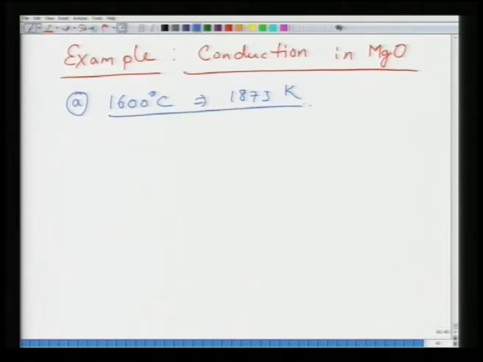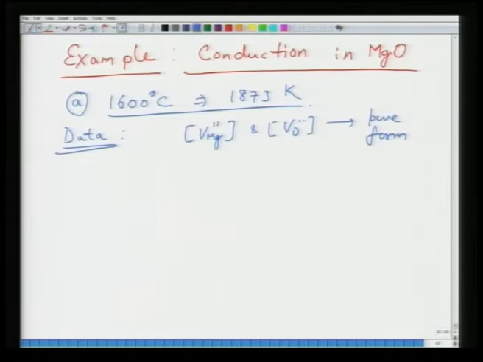Now, the data which is given is the concentration of Schottky defects. So, this magnesium oxide will have Schottky defects, which means V Mg and V O in the pure form, and V Mg is equal to V O. How will you calculate this?